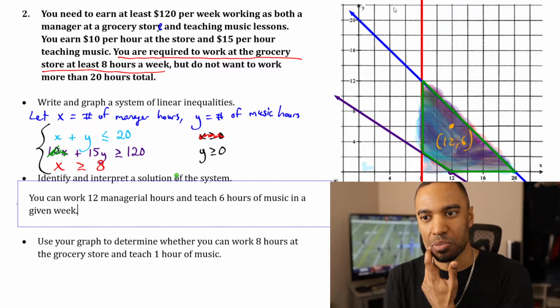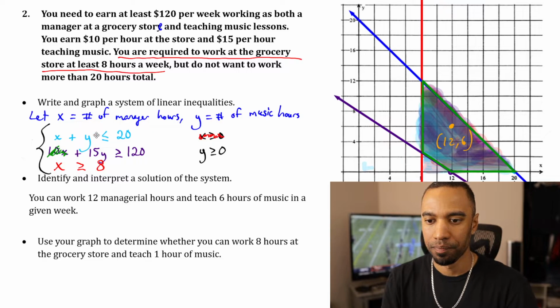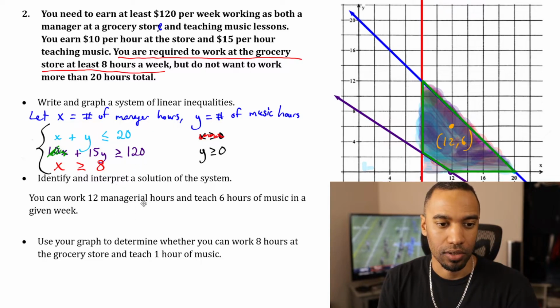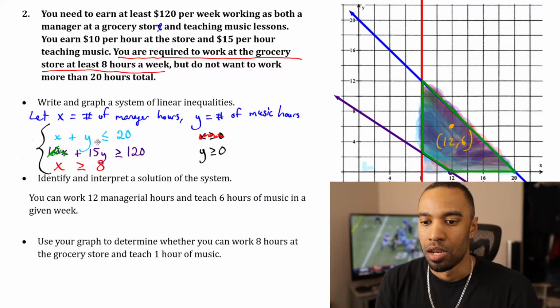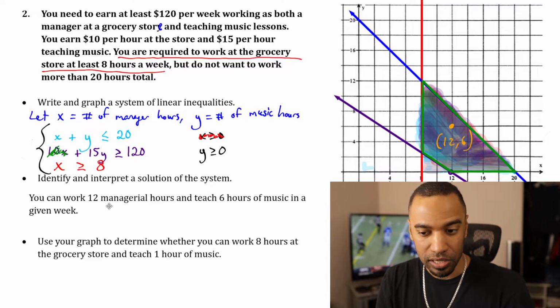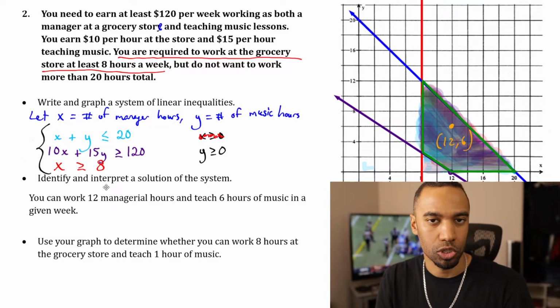Okay. What does this mean? Let's see. It means 3 things. Number 1, I've worked less than 20 hours. You can work 20, but I've worked 18 hours here. That's less than 20. Number 2, I worked at least 8 hours as a manager. Okay, I worked at least 8 hours as a manager because I worked 12.